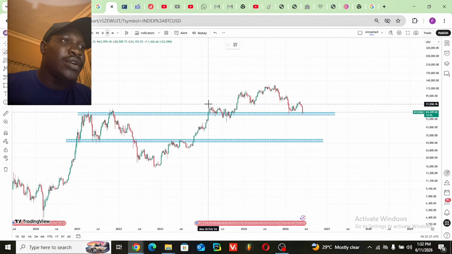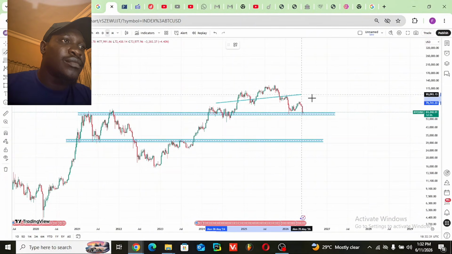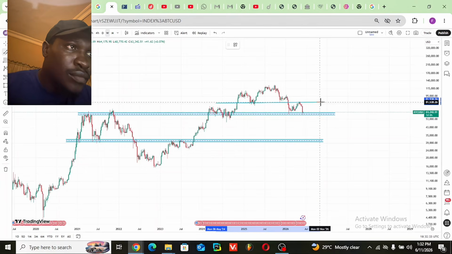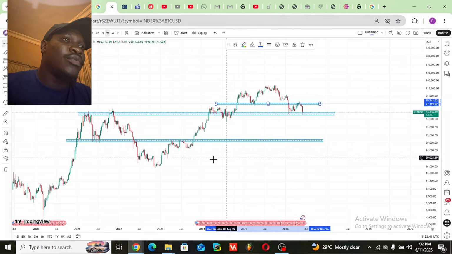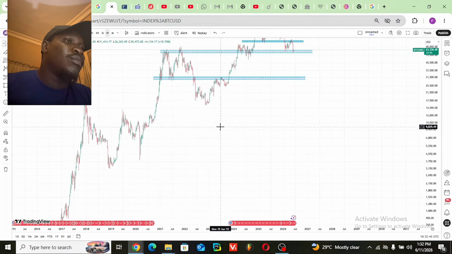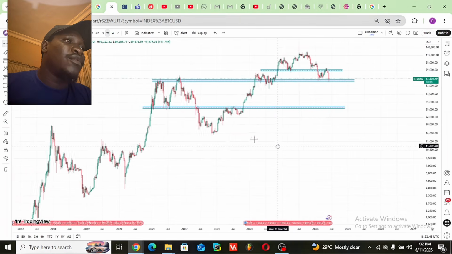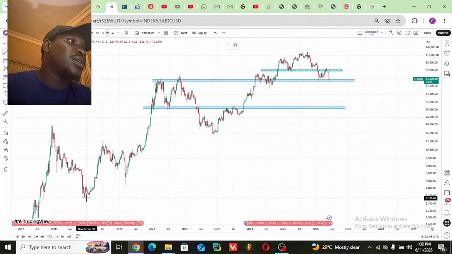So we are right here. So 1, 2, 3. And I think we have an overall trend line to the downside.